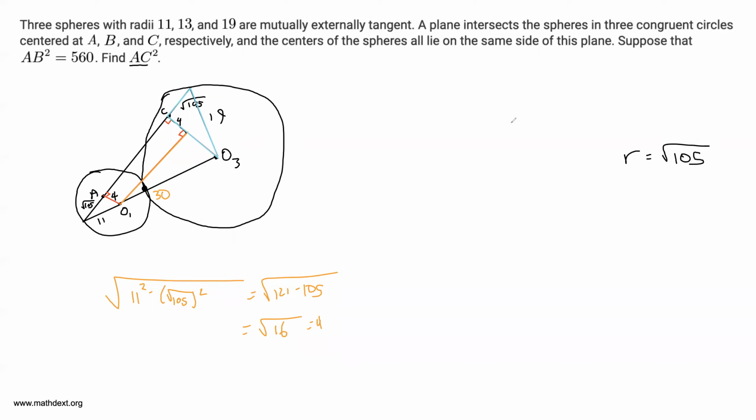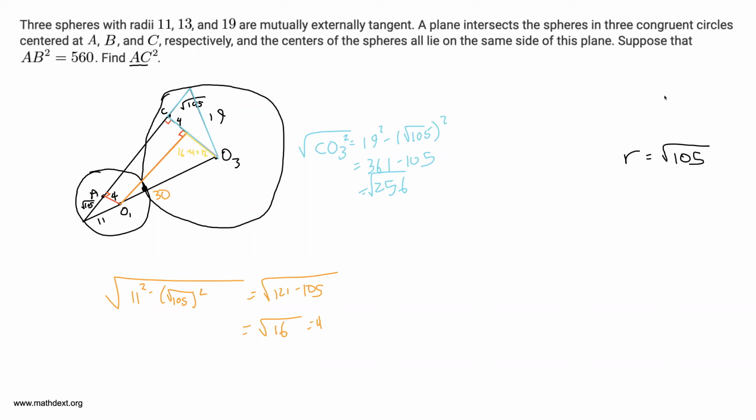Hypotenuse is 19, leg is root 105, so CO3 squared is equal to 19 squared minus root 105 squared, which is equal to 361 minus 105, which is equal to 256. Take the square root of both sides. CO3 is equal to 16. Which means that this length over here, which I'm going to do in yellow, is equal to 16 minus 4, which is equal to 12.